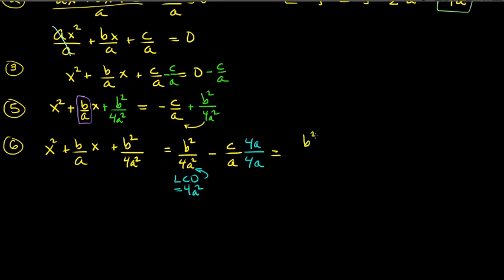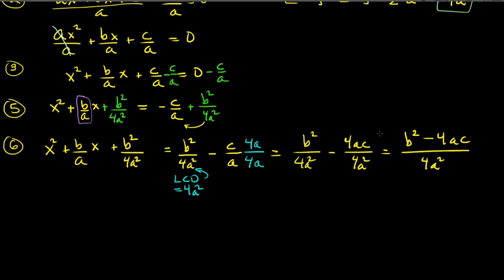So now we have b squared over 4a squared minus, so c times 4 times a is also 4 times a times c, divided by 4a squared. Remember, a times a is a squared, 4a squared. And now that we have the same denominator, we just subtract the numerators, b squared minus 4ac.